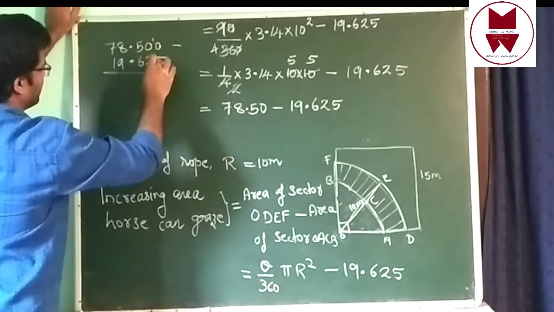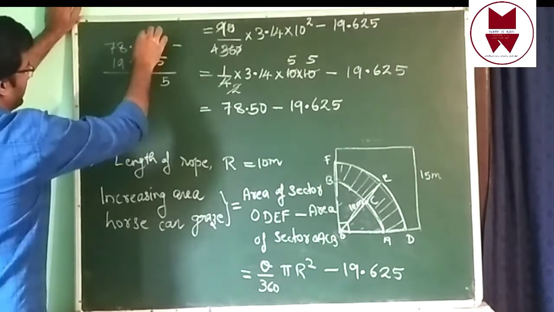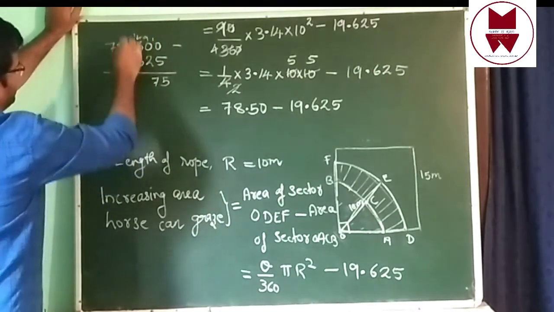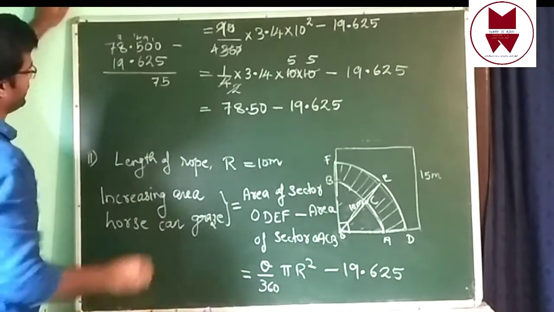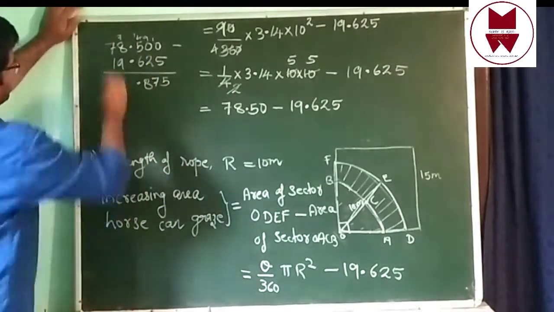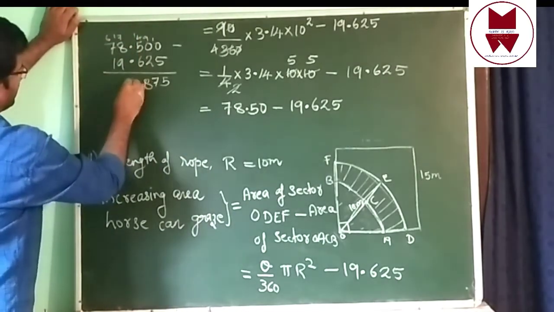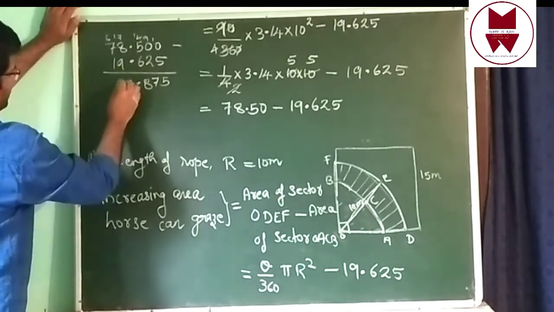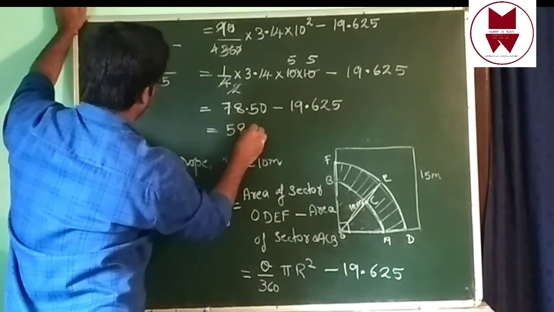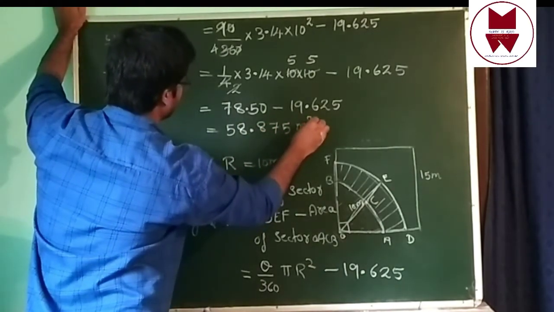Then 10 minus 5, 5. Then we have 9 only. 9 minus 2, 7. Here 4, this will be 14, this will be 7. 14 minus 6, 8. Then the point. Here 17, so 6. 17 minus 9, 8. Then 6 minus 1, 5. So 58.875 meter square.